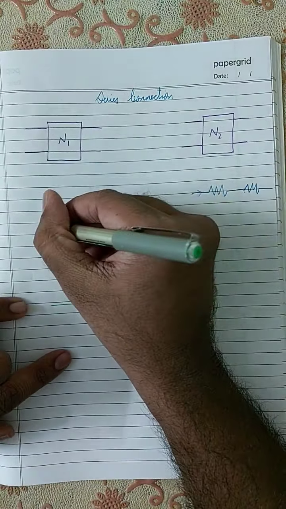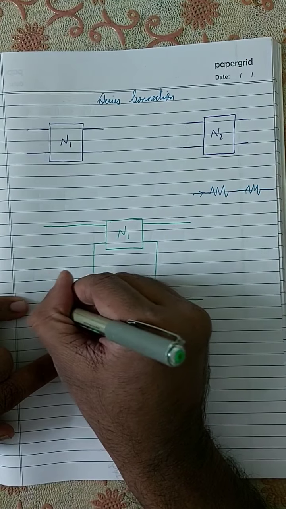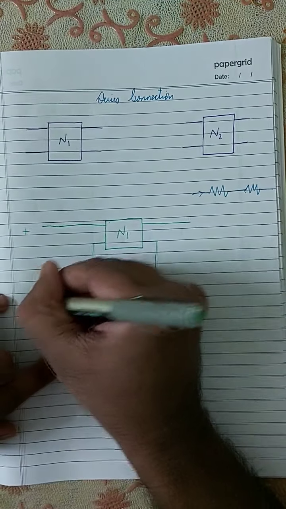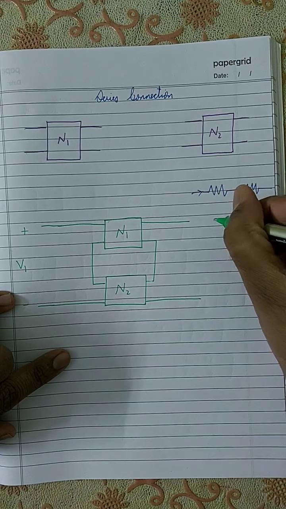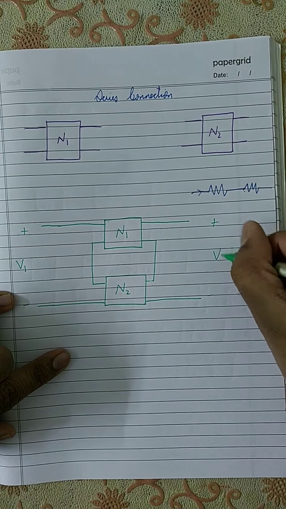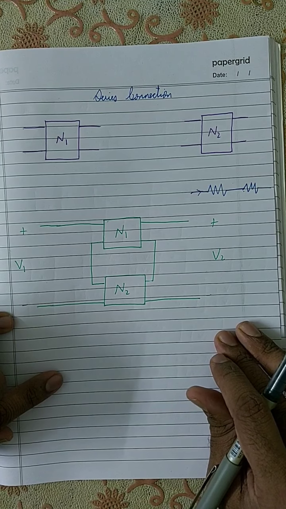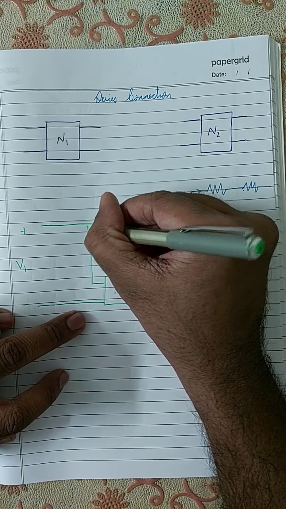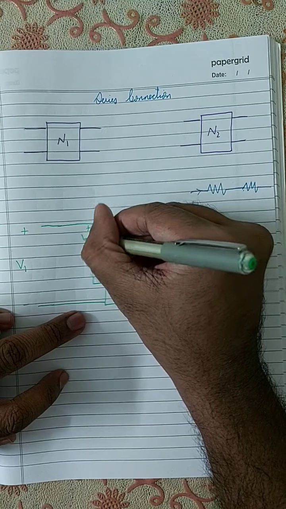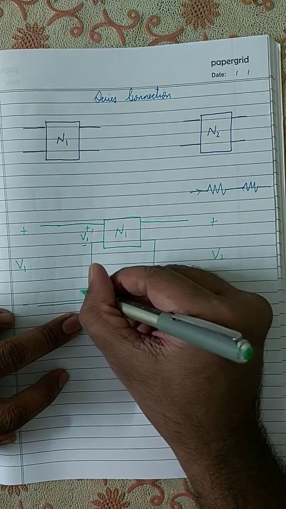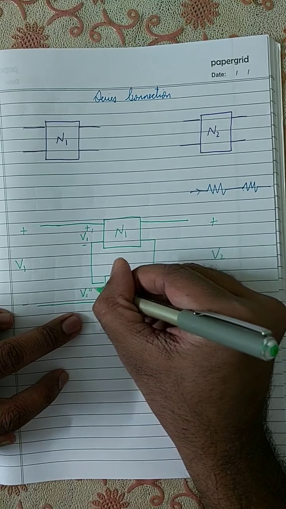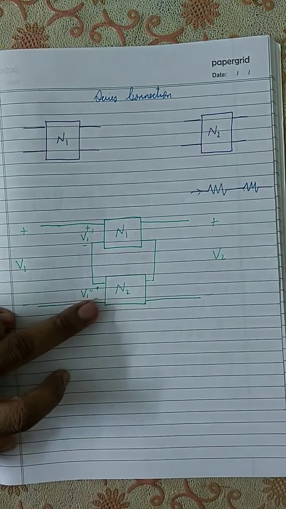See how the voltage is divided. Let V1 be the input voltage of the overall network and V2 the output voltage of the overall network. Let V1 dash be the input voltage of N1, and V1 double dash the input voltage of network N2.